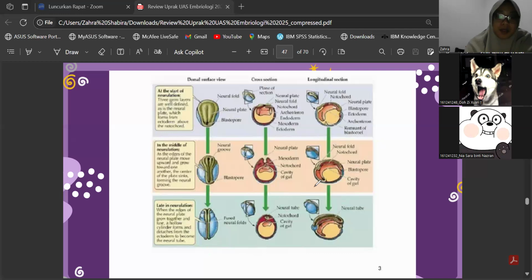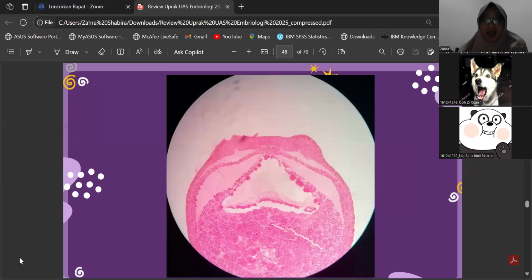That's why most of the pictures and the preparations shown to you are cut horizontally. We call this cutting a cross section.